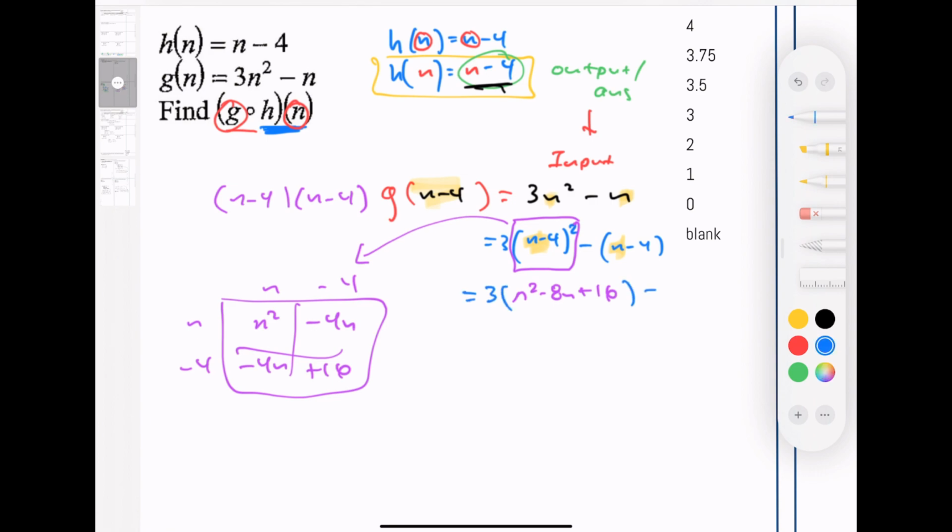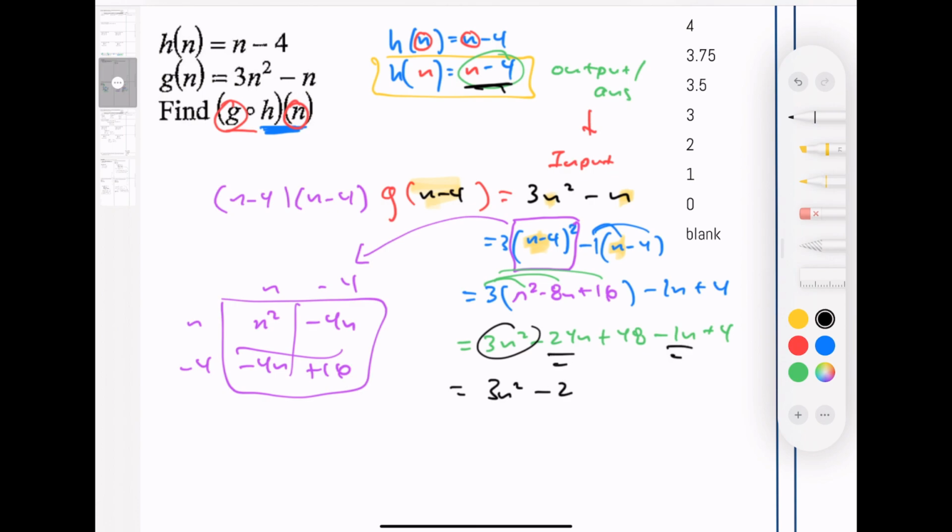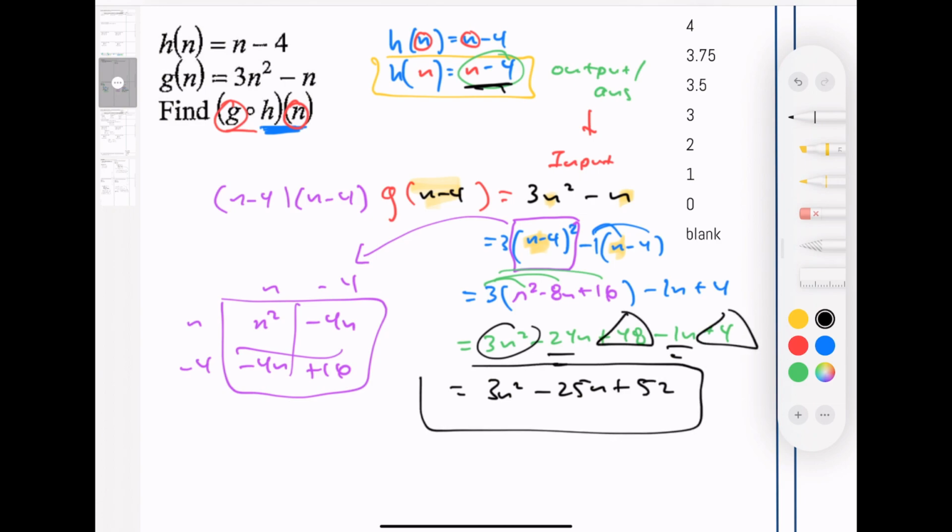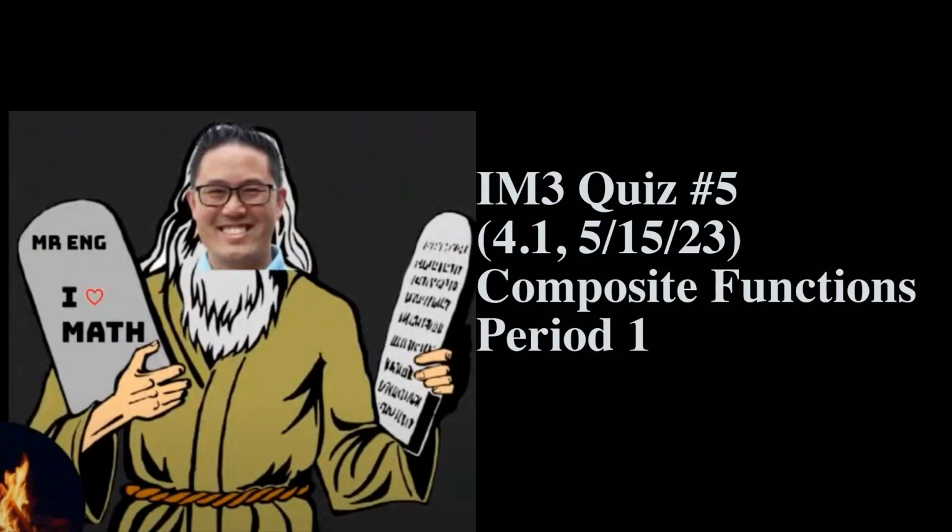And now let's go ahead and distribute here. That'll give me negative 1n plus 4. I'm going to distribute the 3. And this will just drop down. We'll combine like terms, so 3n squared minus 25n, and those are constants, so plus 52. And that would be our answer.